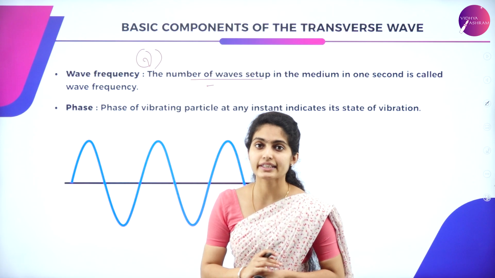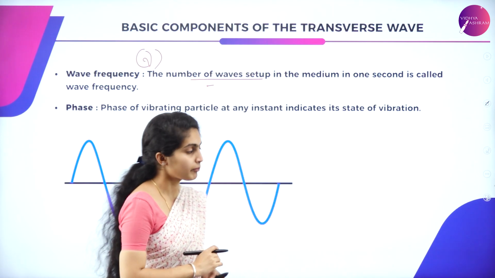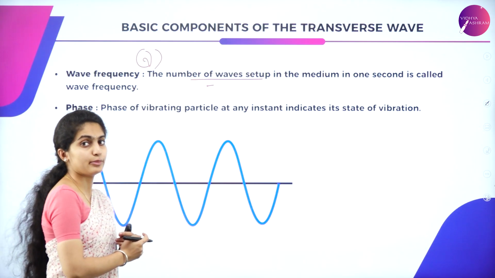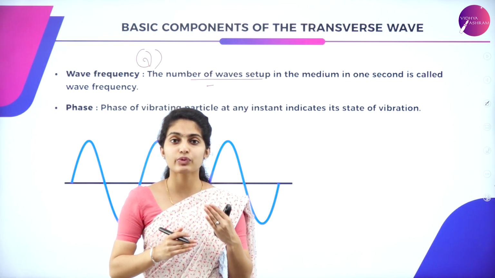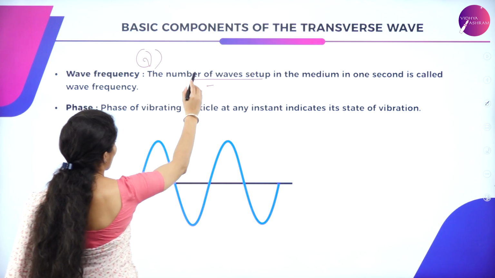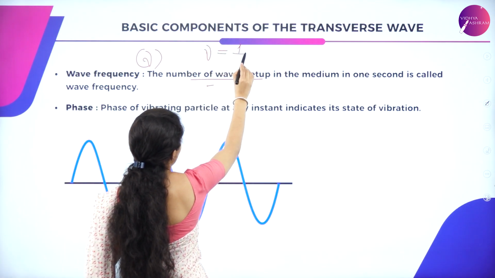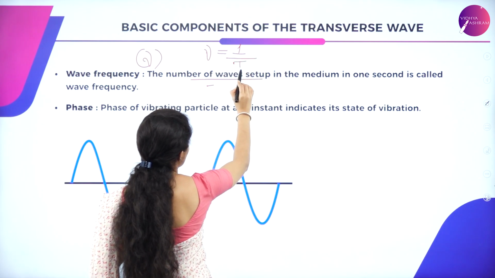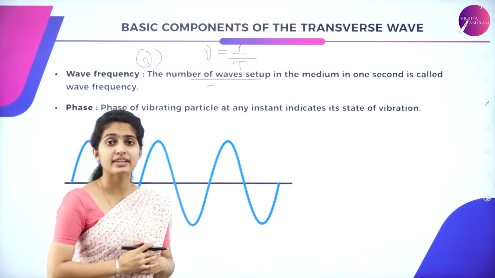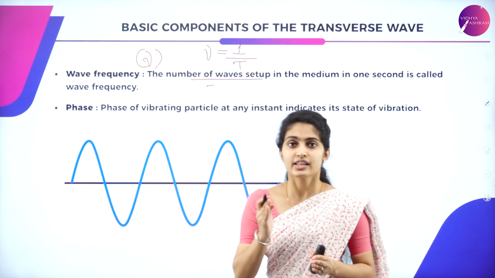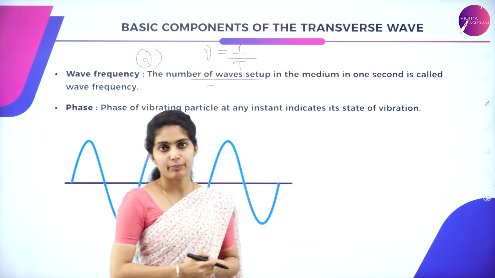That gives you the wave frequency. It is always told that wave frequency is the reciprocal of, that is inversely proportional to, the time period, known as the wave period. So frequency is the reciprocal of the wave period.